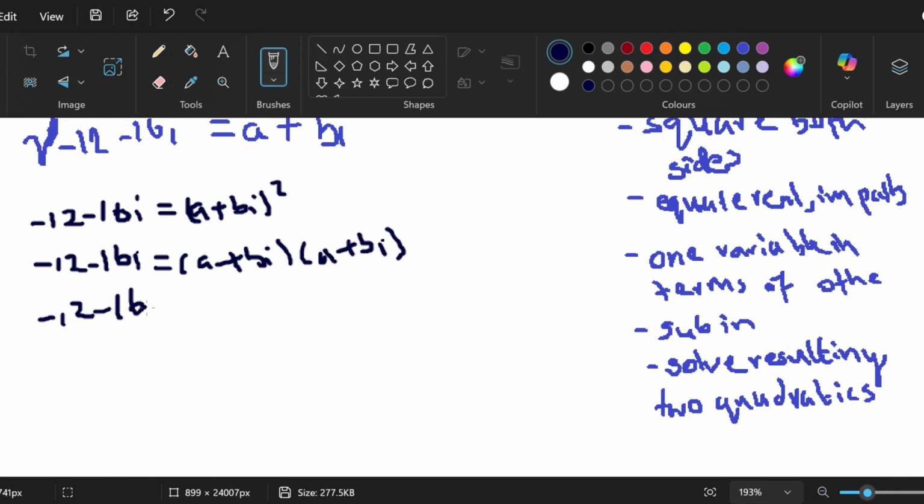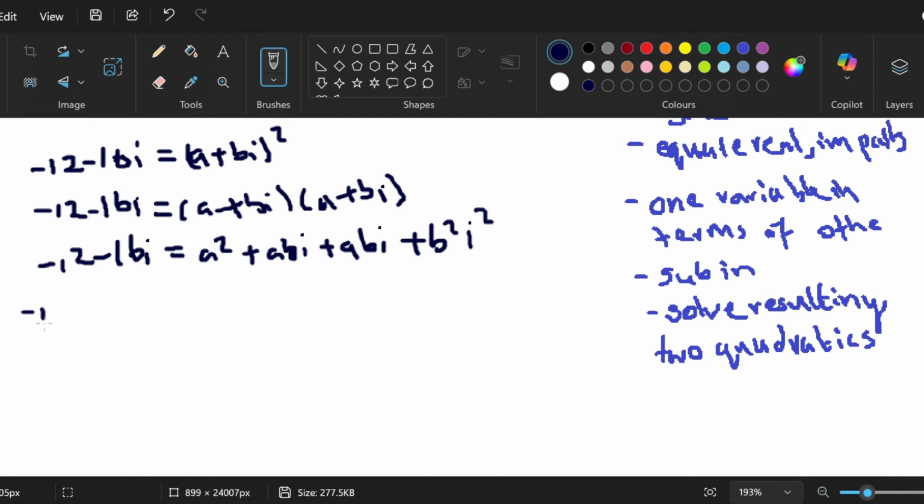Remember, that's the same as a plus bi squared. And if I write this out here, I will get a times a is a squared, a times bi is abi, bi times a, also abi, bi times bi is b squared i squared.